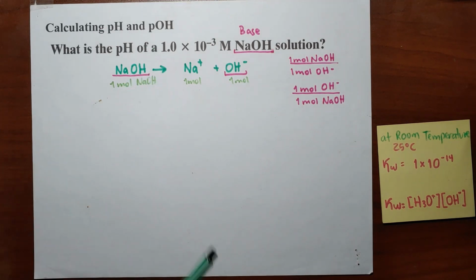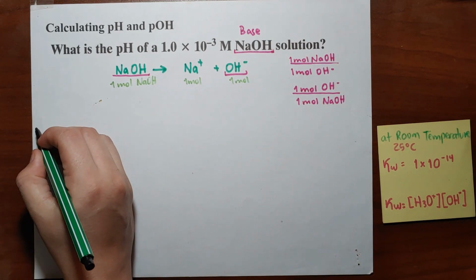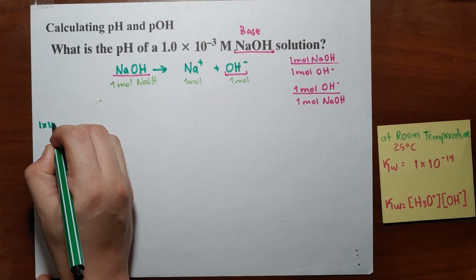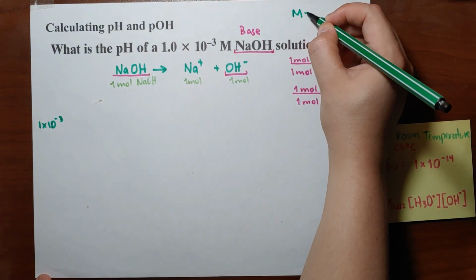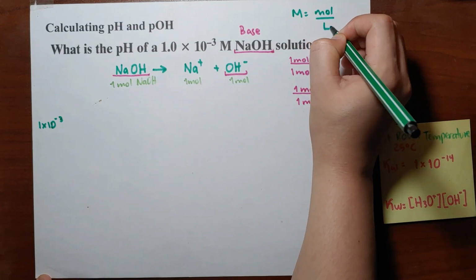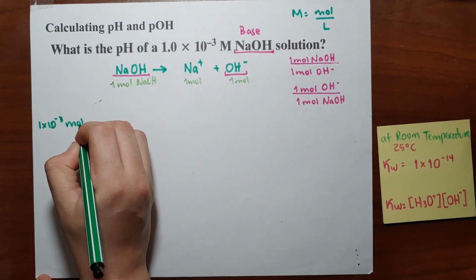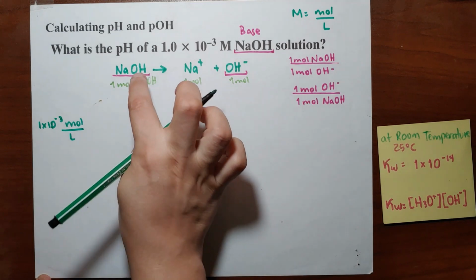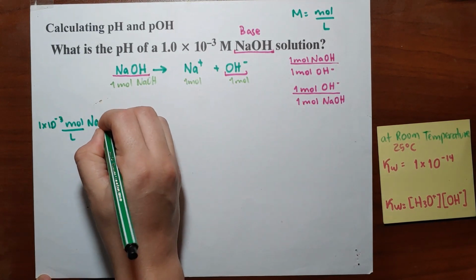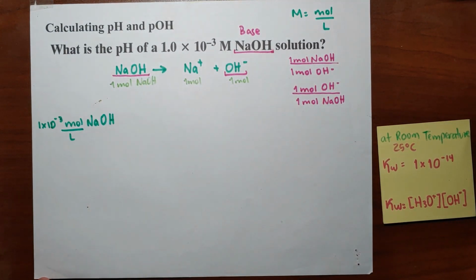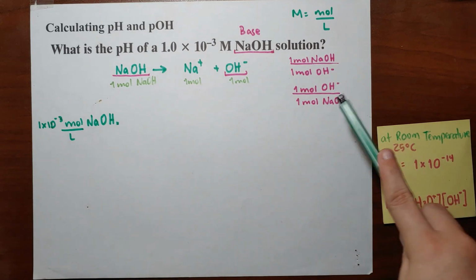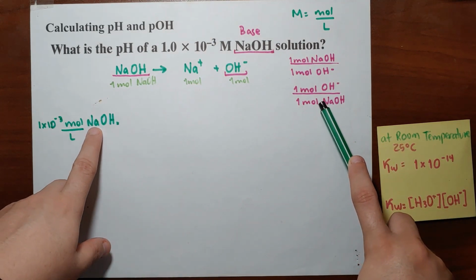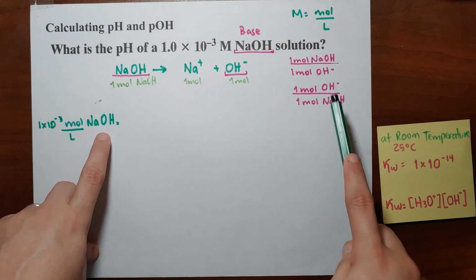So we always start with the given, and we say 1 times 10 to the negative third power. Remember, molar is mole per liter. Mole over liters of what? Now, times the molar ratio that I will use in this case will be the second one, in order to cancel my moles of sodium hydroxide.